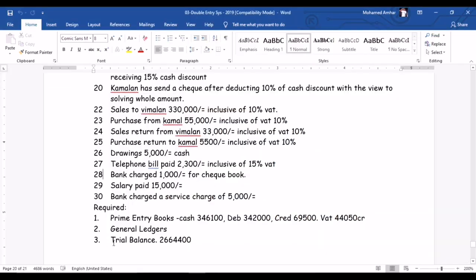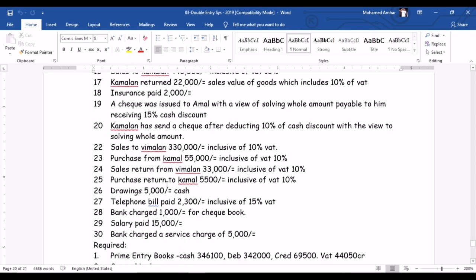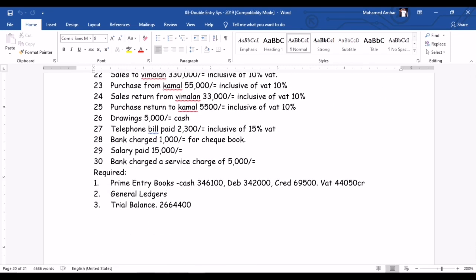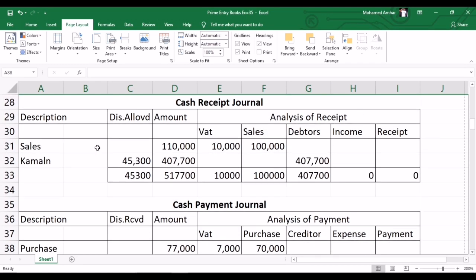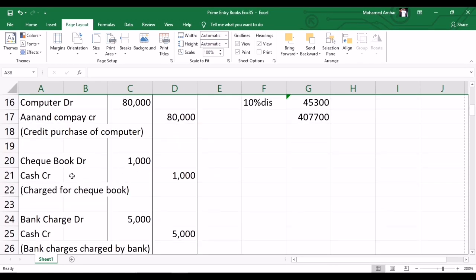Right. Next date is bank charged 1,000 for checkbook. So it should be recorded in the general journal. So in the general journal, checkbook account debit 1,000, cash credit 1,000.